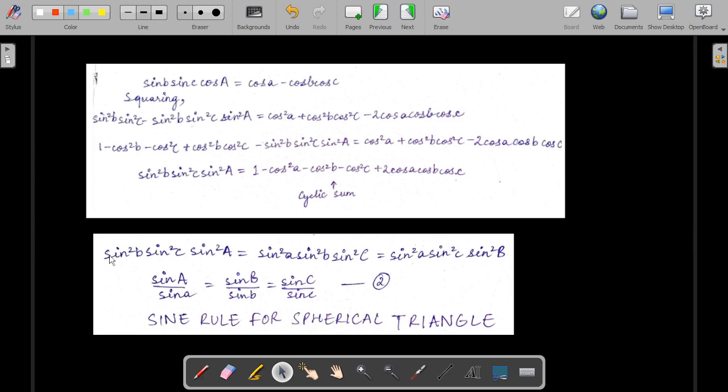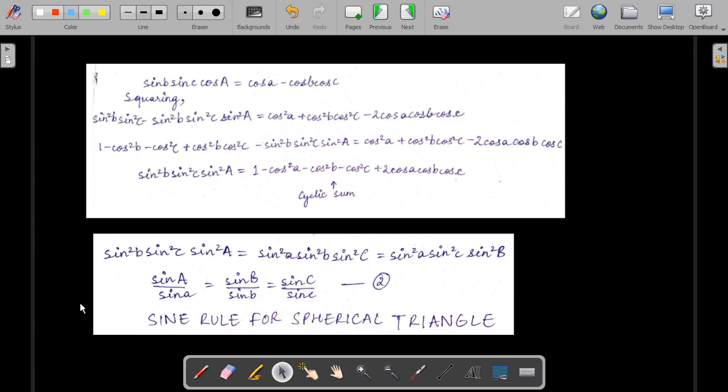So you just equate the possible combinations. Of course, these three angles need to be different. So you get sine squared b, sine squared c, times sine squared spherical angle a, and then you equate it with sine squared a, sine squared b, sine squared spherical angle c, equated with sine squared a, sine squared c, sine squared spherical angle b.